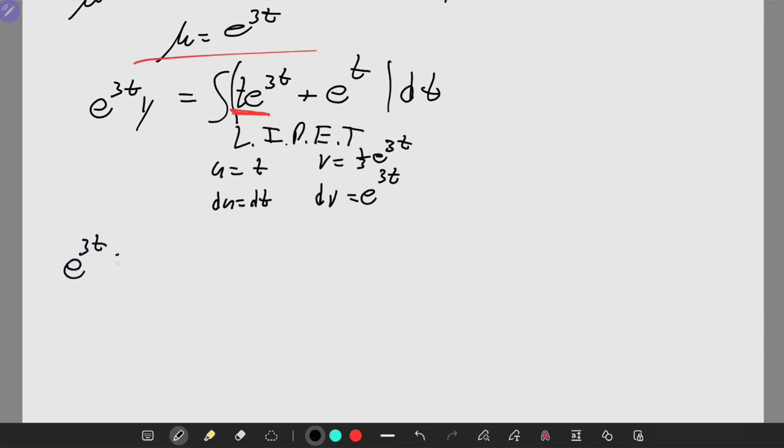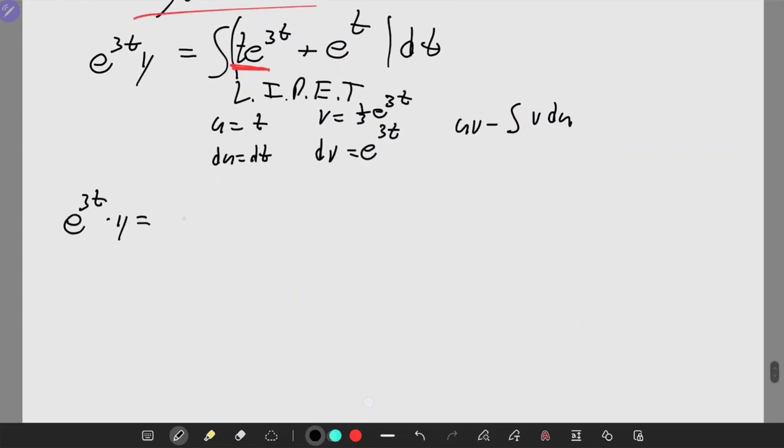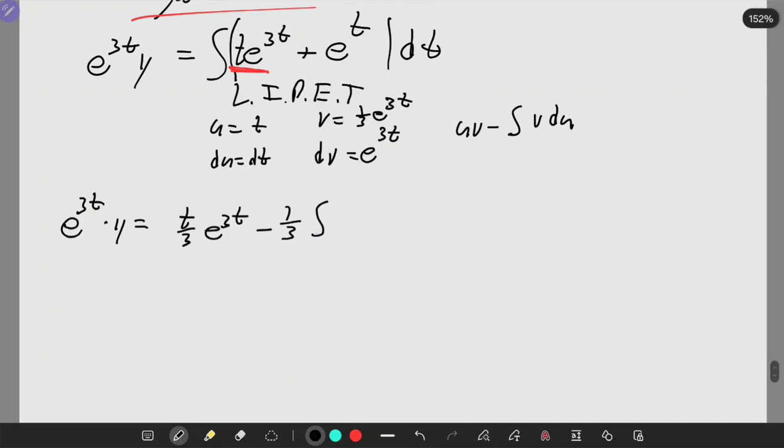Now, e to the 3t times y is equal to the integral, u dv. Remember, it's uv minus integral v du. So we have t times 1/3. So we have t over 3 times e to the 3t minus the integral. I'm going to pull the 1/3 out from the v. So we have minus 1/3 integral the rest of the v, e to the 3t, times du, which is equal to dt.